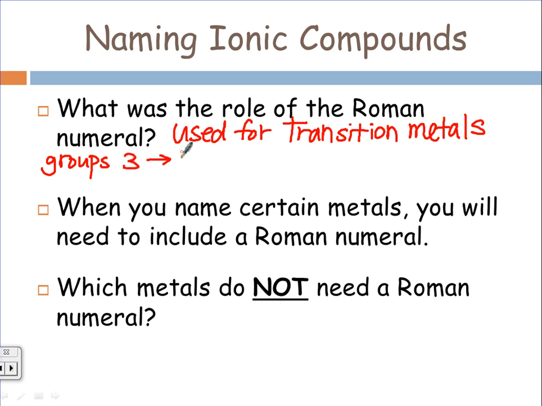Groups 3 to 12. Okay, used for transition metals. What about transition metals are these for? The charges, right? Just like Inza said, I'm talking about the transition metals' charges when I'm talking about the Roman numeral. It shows you what the charges are.